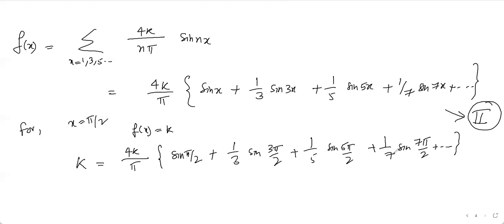Now you can cancel out k on both sides. So this results in the final result, which is pi by 4 equals 1 minus 1 by 3 plus 1 by 5 minus 1 by 7 and so on.